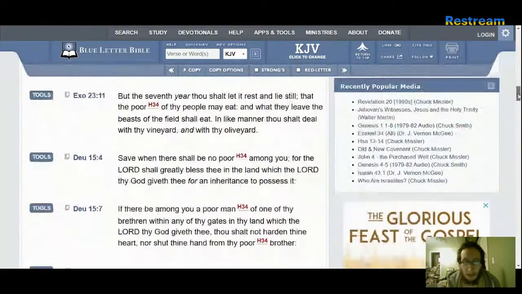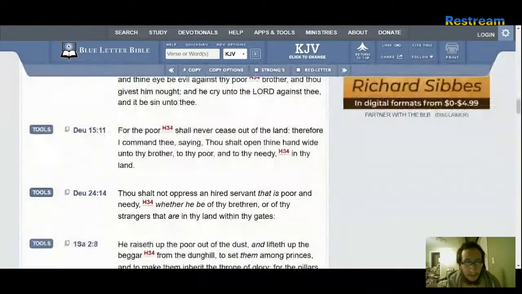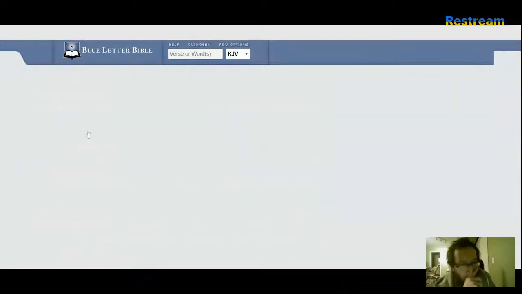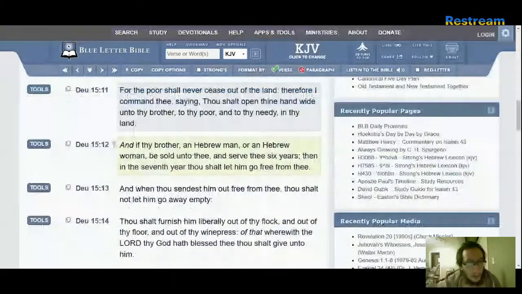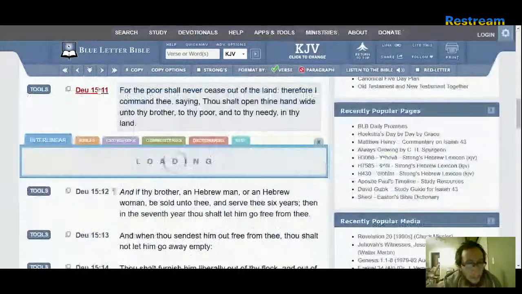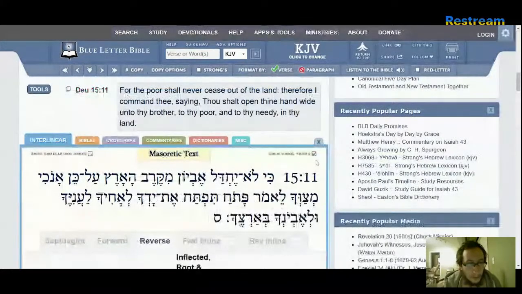You could just say, let's see where it says needy. To thy poor and to thy needy. So there are two different words here. Let's see what the two different words are. To thy poor and to thy needy.